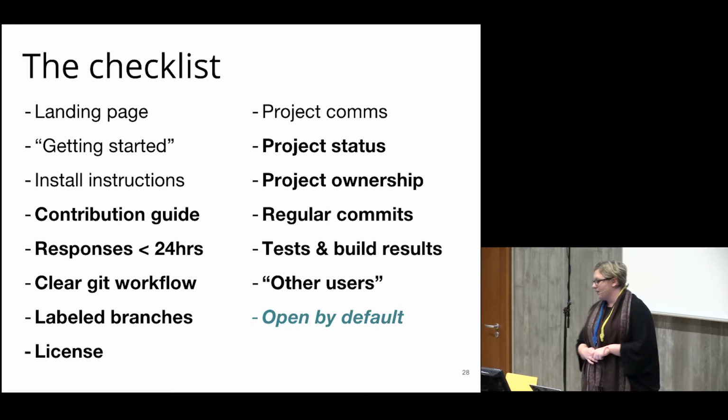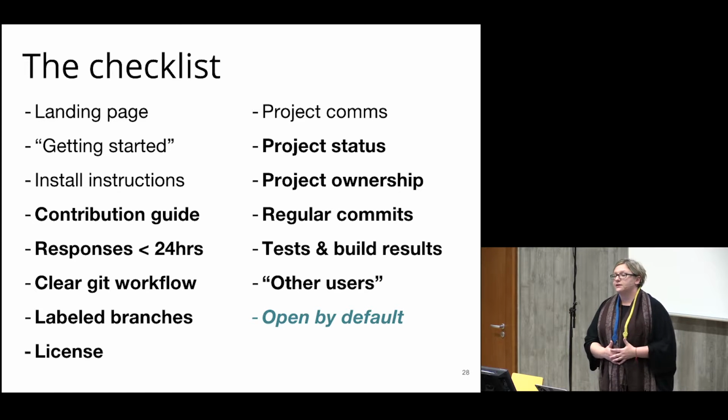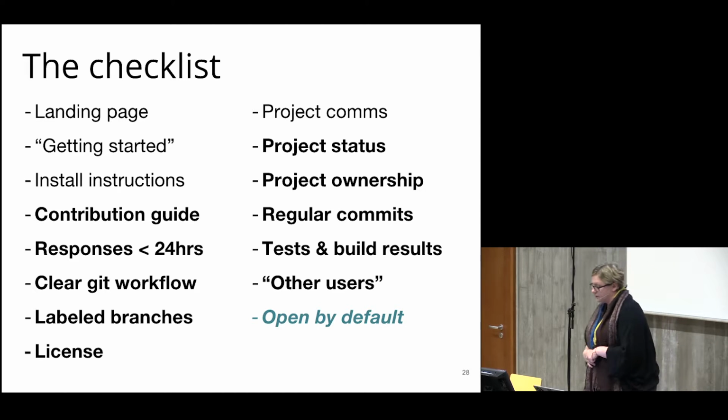Clear Git workflow, labeled branches, license, so people know how to engage with your project. Comms and status, so people know when's the next update coming, what's in it, and so on and so forth. Who owns the projects? As I said earlier, regular commits, tests, and builds.